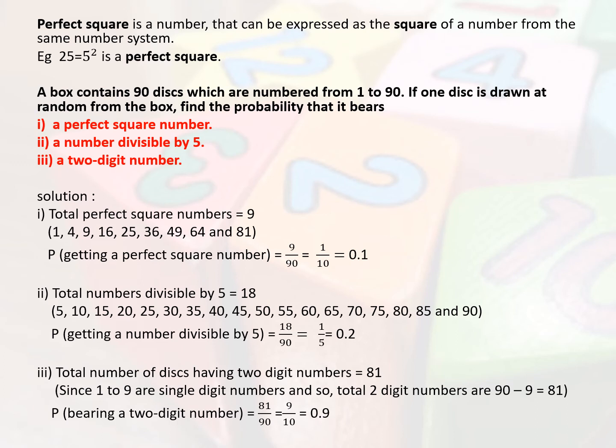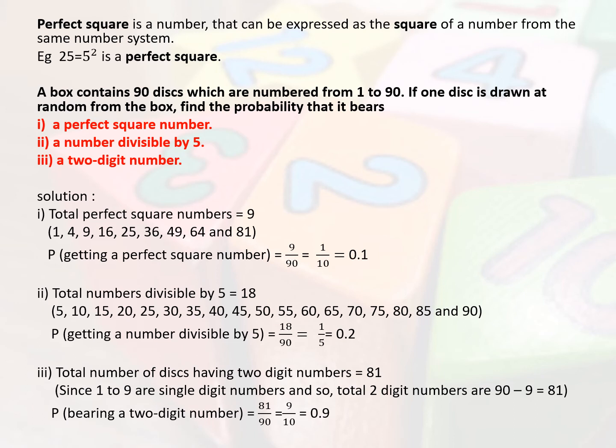And in the next question, we are using divisibility rules also, which I have already uploaded in my previous video. You can check there. Now the question says a box contains 90 discs which are numbered from 1 to 90. If one disc is drawn at random, find the probability that it bears a perfect square number, a number divisible by 5, a 2-digit number.